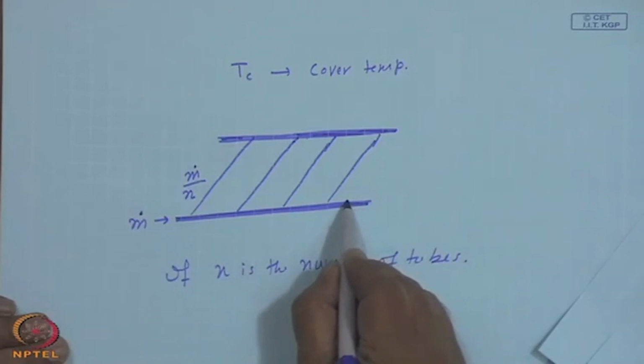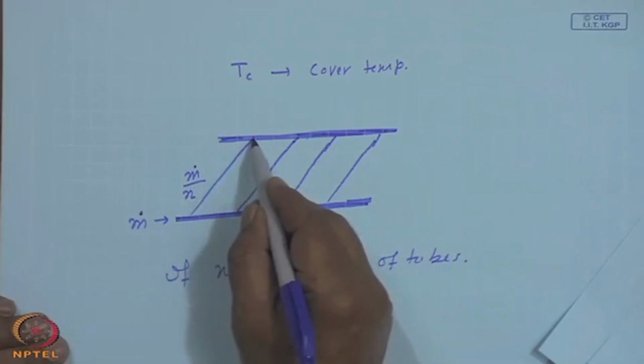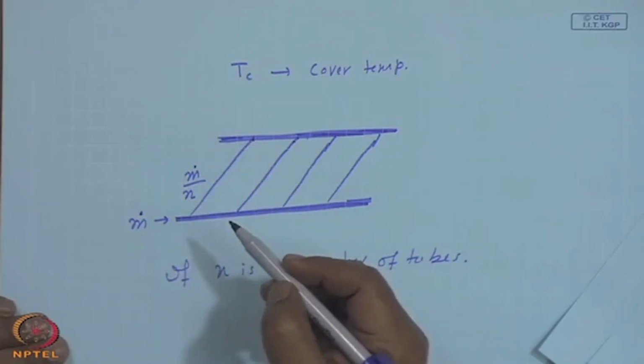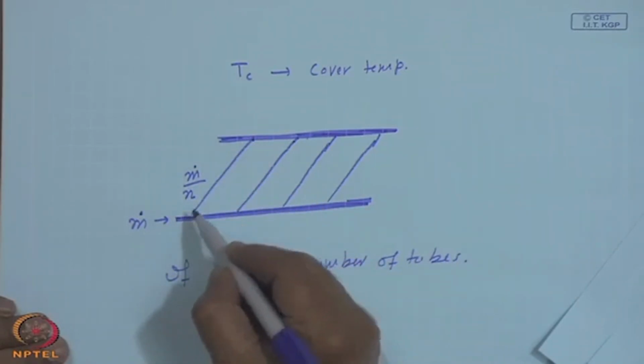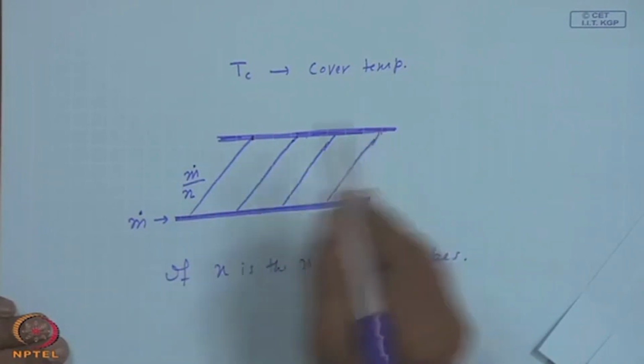So, if the header is larger, delta p across the header is negligible compared to delta p across the riser. Consequently, you will have almost the same head available for tube number 1 to the last tube.